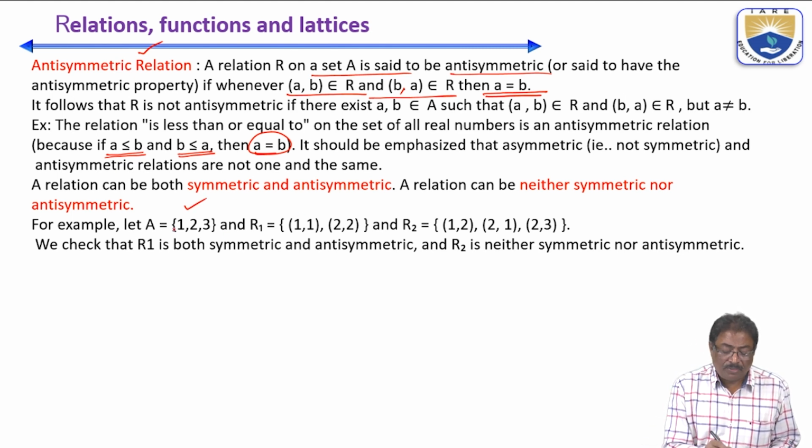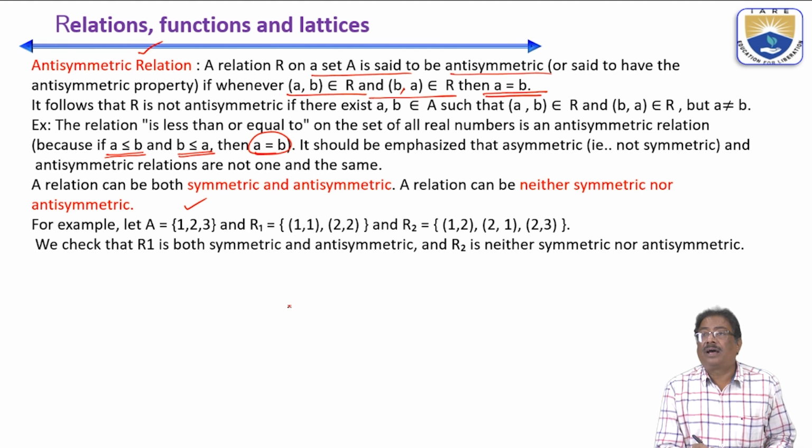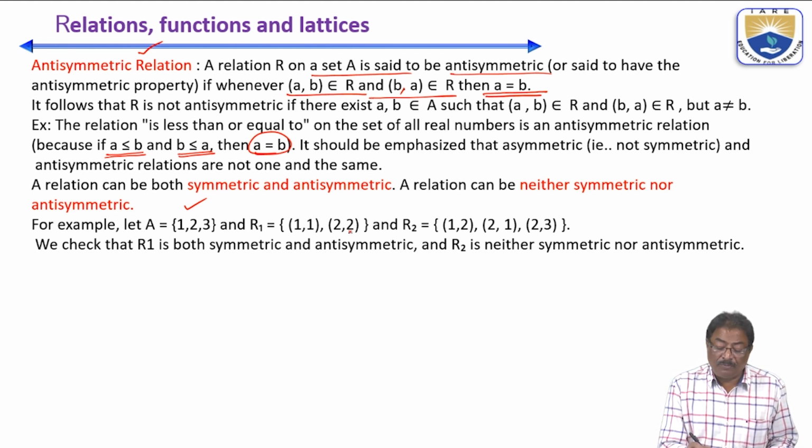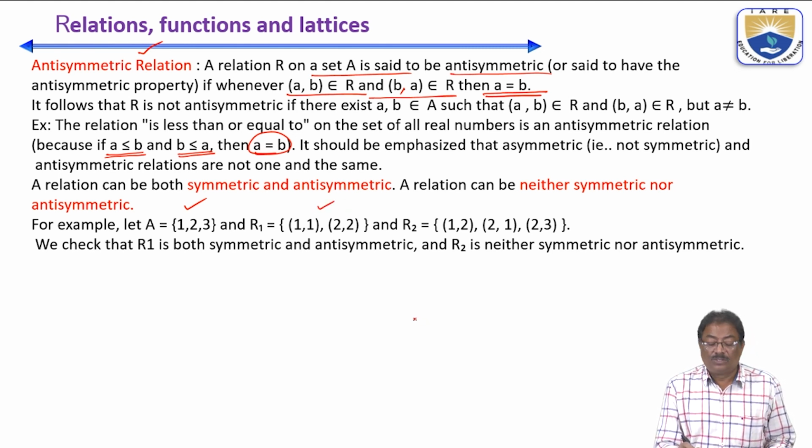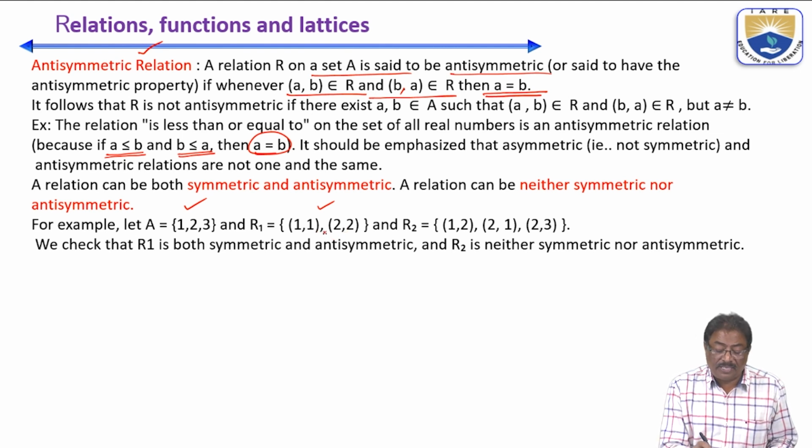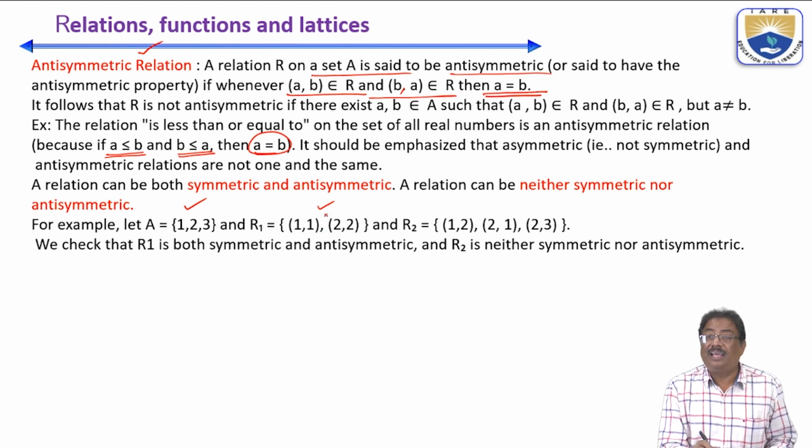Suppose A is given and R1, R2 are two relations defined on set A. Then we are going to verify whether R1 is antisymmetric or not. R1 is {(1, 1), (2, 2)}, and here a related to b with a different b is not there, so we can say that it is also antisymmetric.